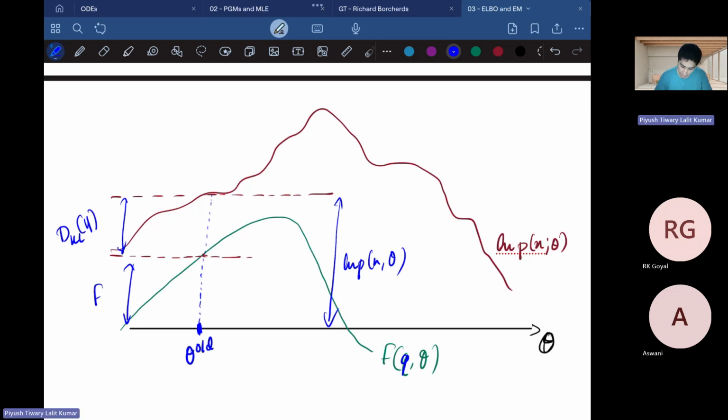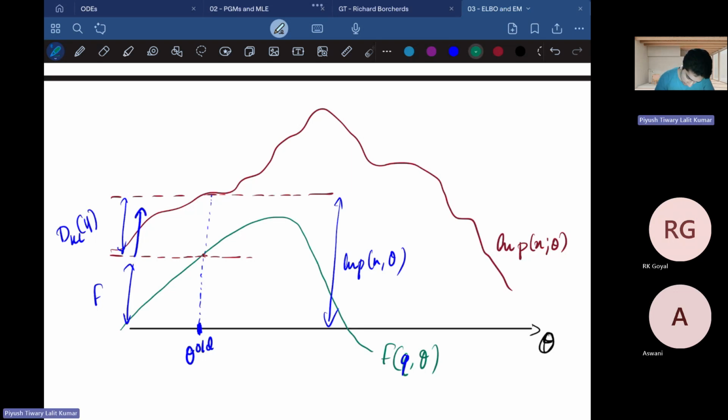Now you're saying that on this line, you want to basically push this thing up. You want to maximize your ELBO for this particular value of theta. Does that make sense? So what will you do?